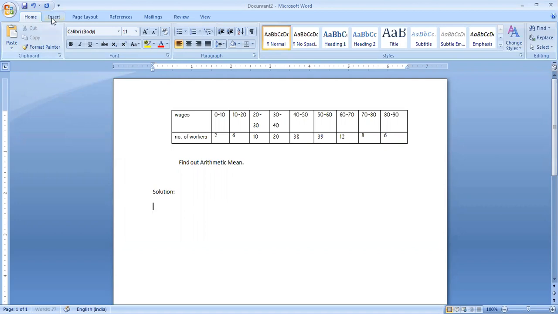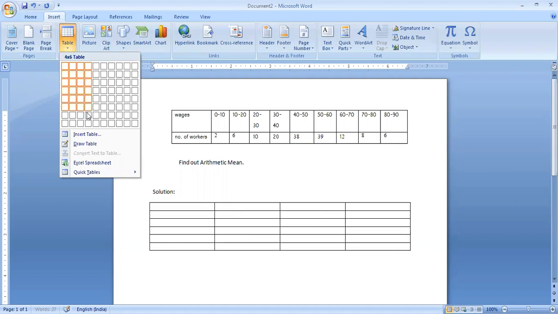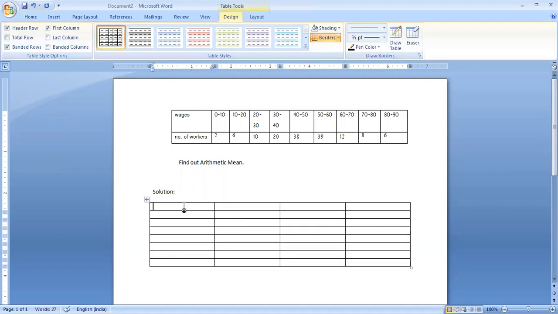Okay. For this, first of all, you require 4 columns. First one is wages. Whatever the first 2 columns are, whatever is given in the problem, we have to note. Wages, and second one is number of workers.